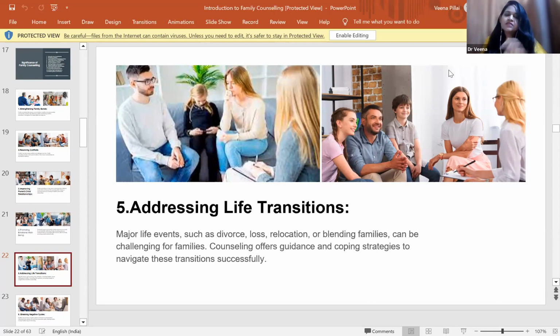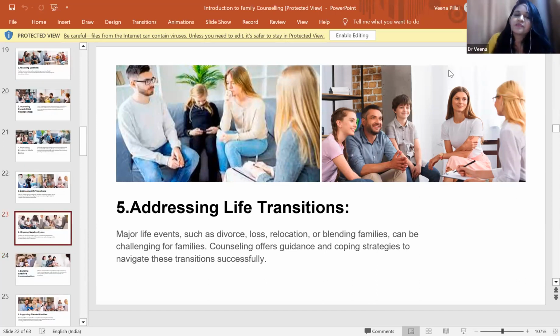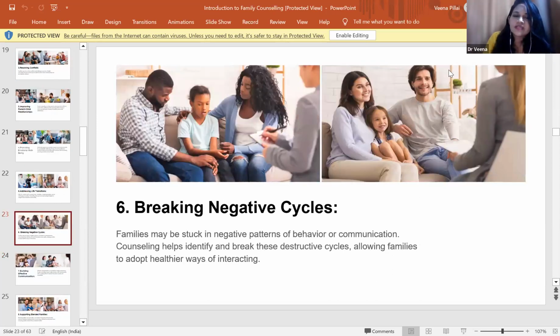So family counseling will be very helpful for families to face any such challenging situations, and this counseling can offer them the best guidance and the best coping strategies to navigate through these transitions.